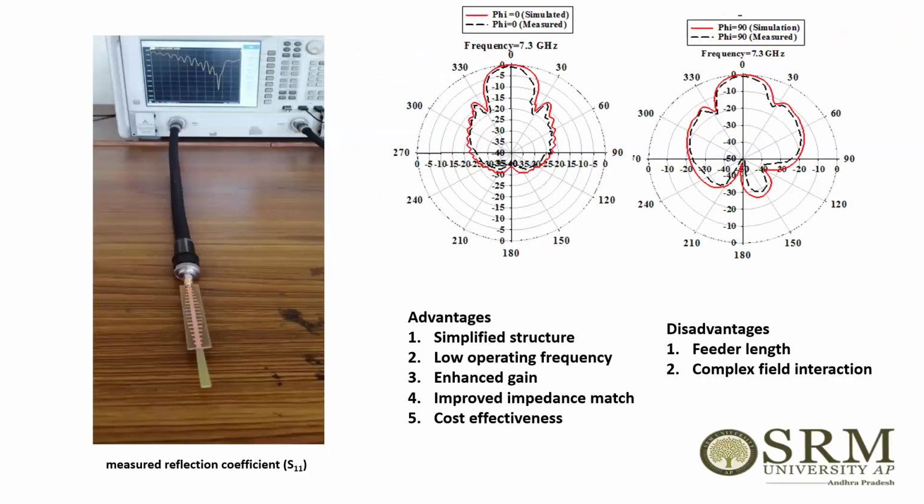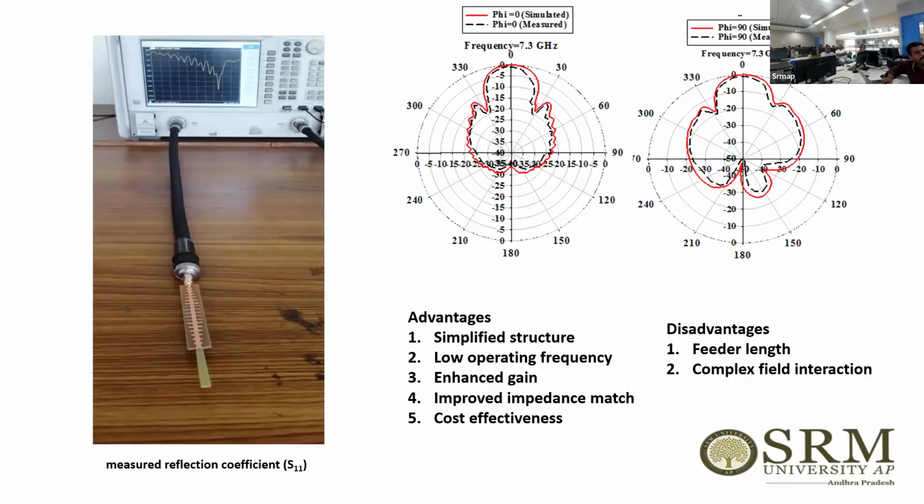So what does this tell you? What you have shown here? I have shown the impedance matching results, sir. No, you have shown the reflection coefficient, S11 parameter. On the right hand side, the anechoic chamber E plane and H plane values, sir.